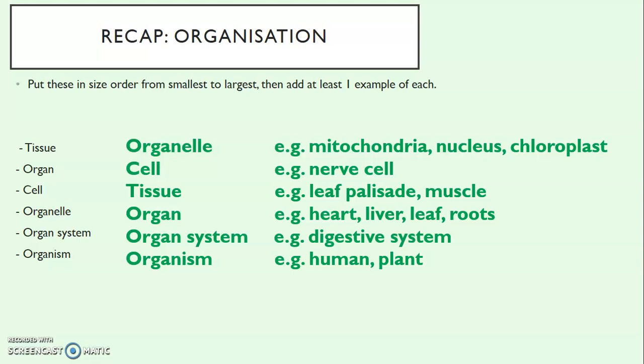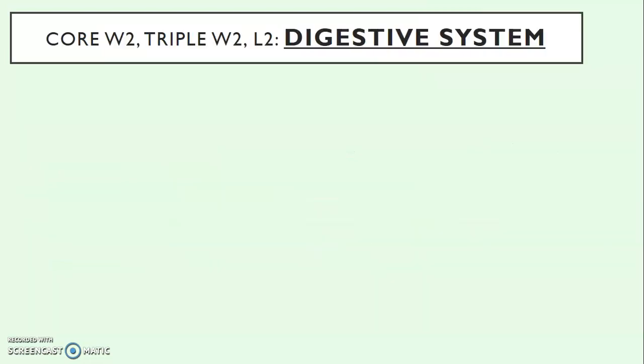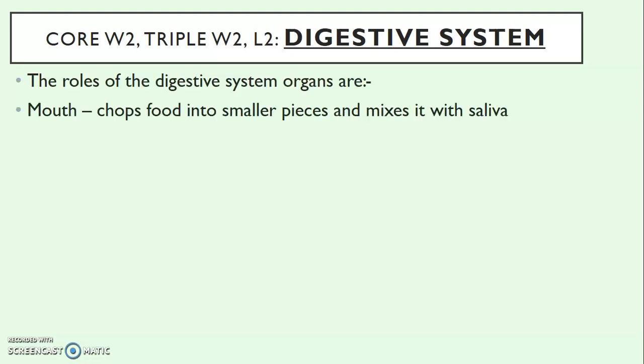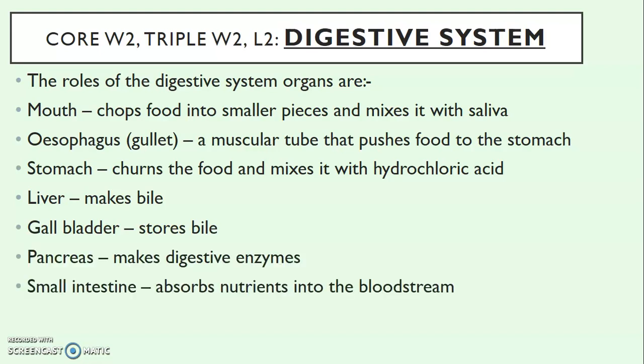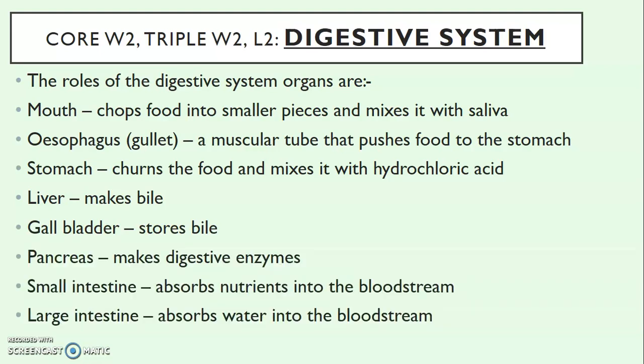So what we're looking at today is the digestive system. And what we need to know from the digestive system is what the roles of the main organs in the digestive system are. So we need to know about the mouth, which chops the food into smaller pieces and mixes it with saliva, the esophagus, the stomach, the liver, the gallbladder, the pancreas, small intestine and large intestine.